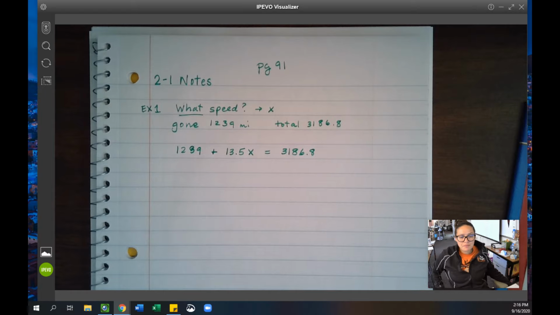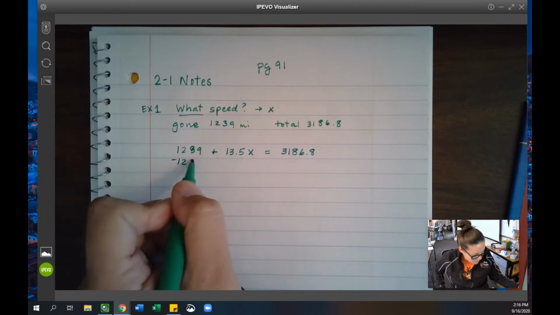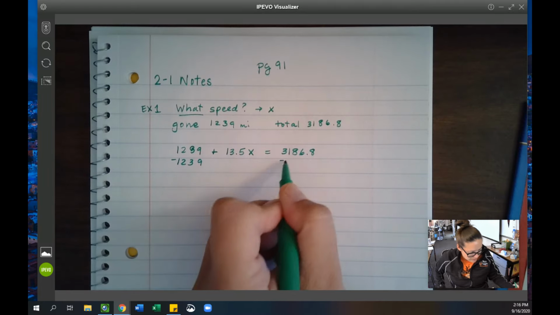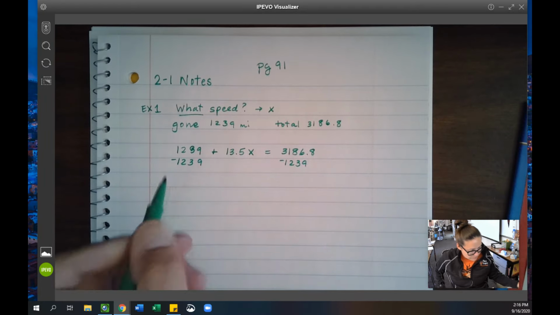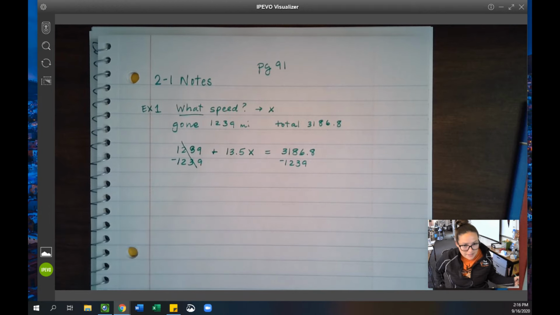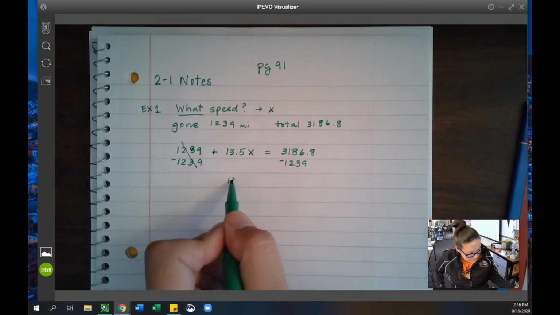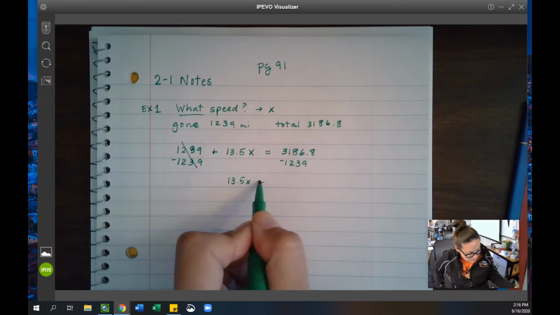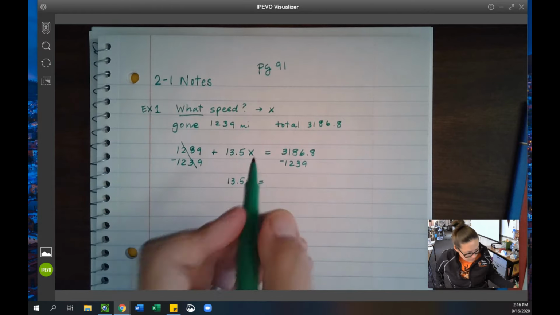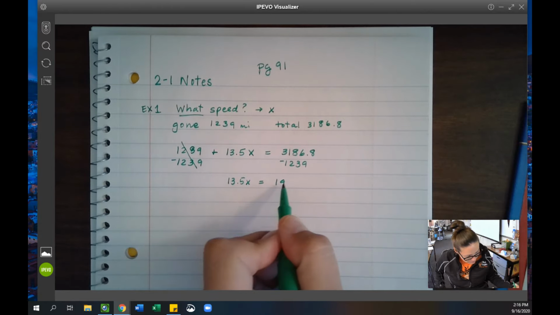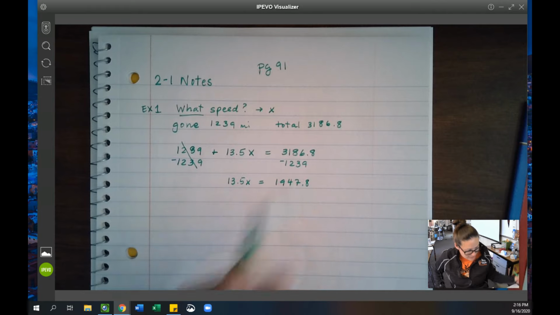So that's the setup. Now let's solve it. I'm going to subtract 1,239 from both sides. That's 0, so it goes away. When I do that subtraction, I get 1,947.8.